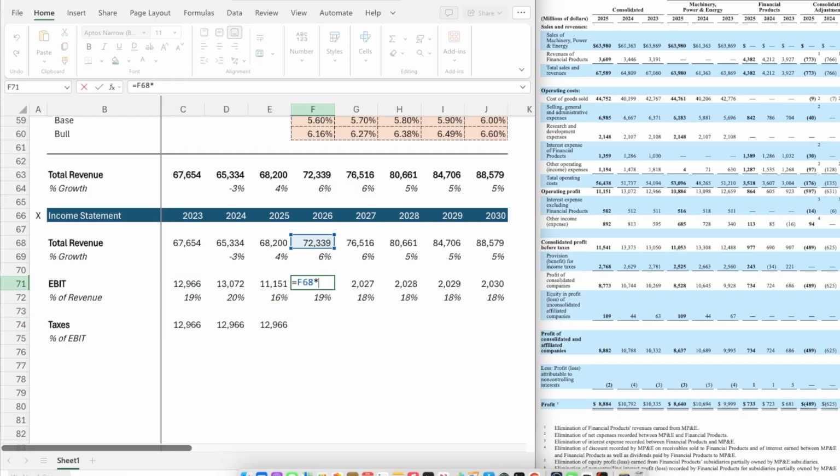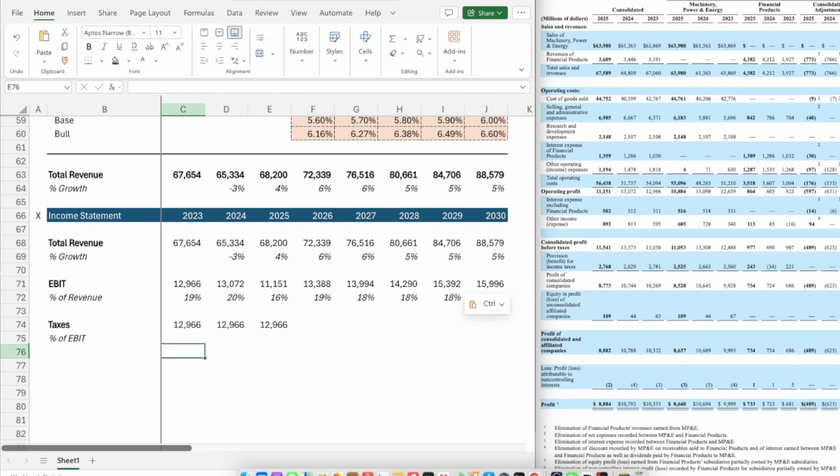Again, it's a placeholder. Take your total revenue and just multiply it by the percentage of revenue, the EBIT margin, and that will give you the figure. So 2781, 629, 768.